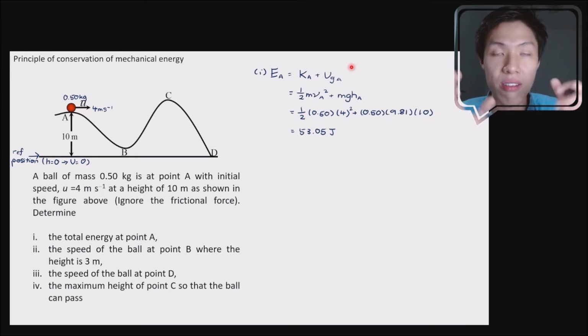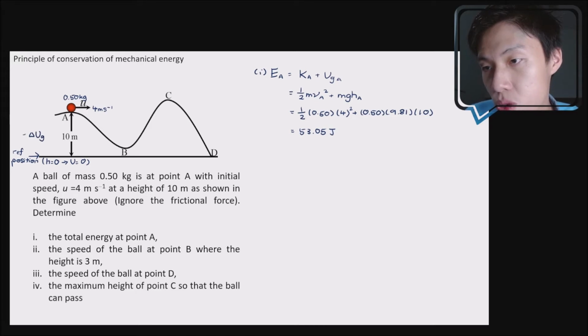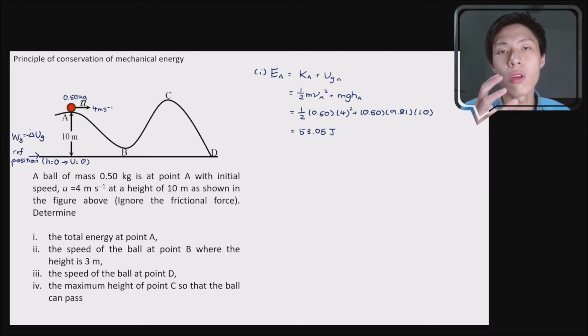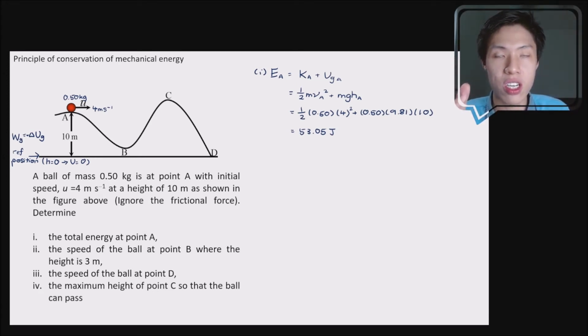As I explained last time, the change of gravitational potential energy is equal to the negative of the work done by gravity. So the thing that never changes is the change of gravitational potential energy. But the gravitational potential energy at a certain point can change, depending on where we set our reference position.